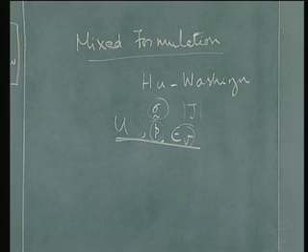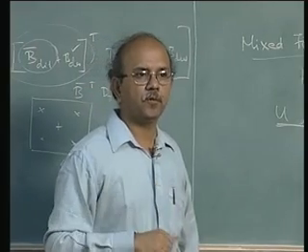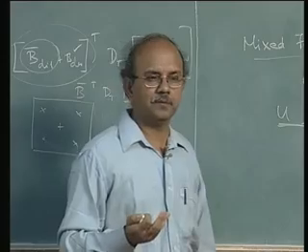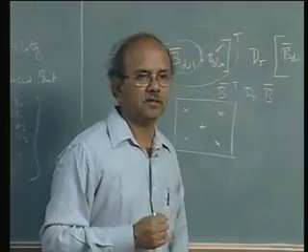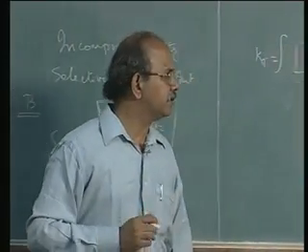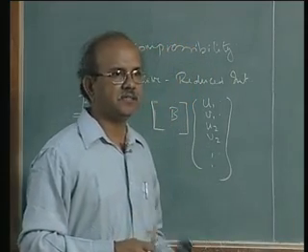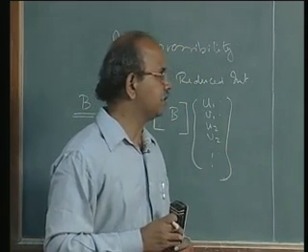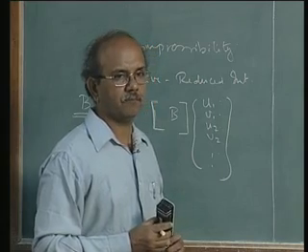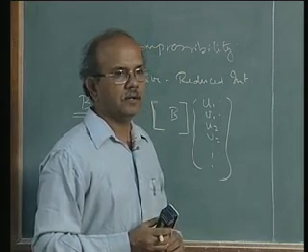Now, having said that, let us develop this theory on mixed formulation. It's not very difficult, it's quite simple. Implementation may be slightly difficult, but the theory is not. We follow Taylor and Zienkiewicz as we develop this mixed formulation.